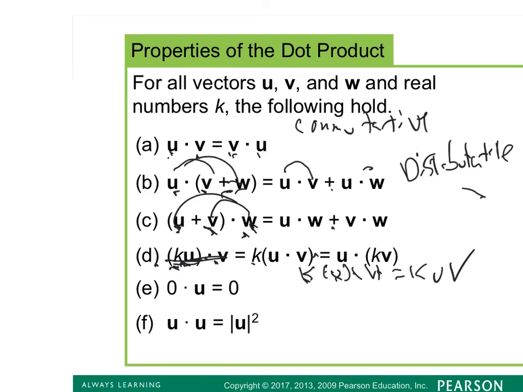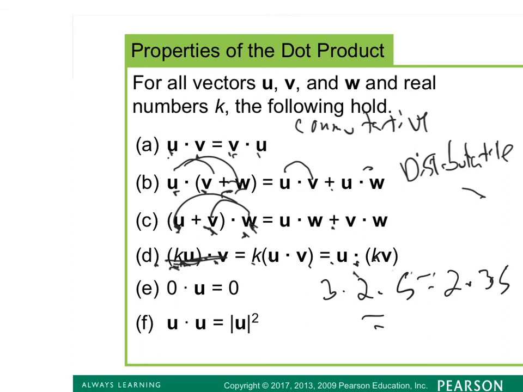He was trying to show that (KU) dot V is equal to U dot (KV), because it doesn't really matter where the K goes. It's kind of like this: 3 times 2 times 5 is the same as 2 times 3 times 5, which is the same as 5 times 3 times 2. All those things just keep changing around.